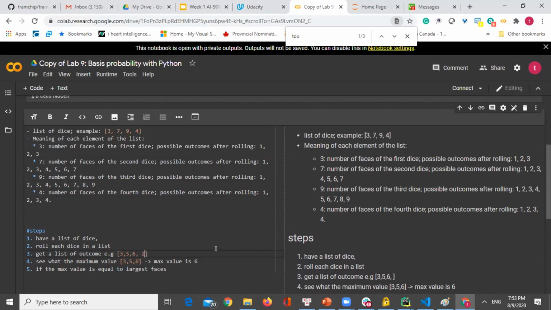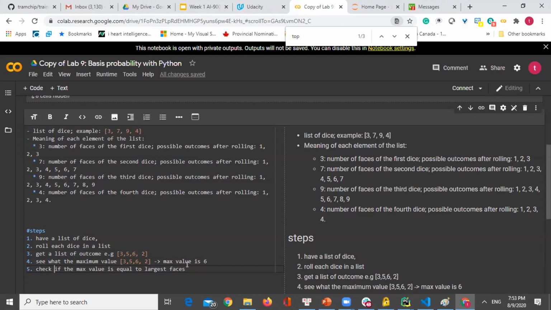Yeah. Oh, okay. So in each of the list, you roll again. Okay. You got it to step 5. Yes. Okay, so I have a list of dice.